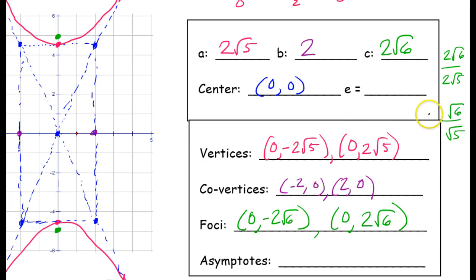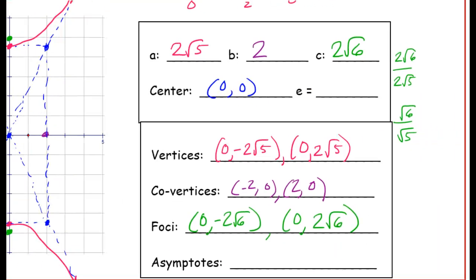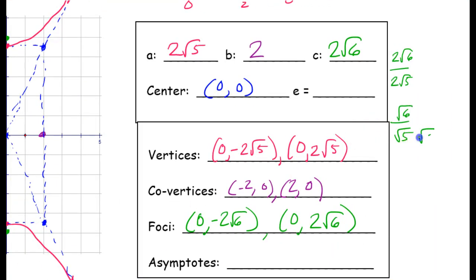I feel like we should rationalize the denominator. We can rationalize the denominator by multiplying by radical 5 in the numerator and the denominator. So then we will get radical 30 over 5. Let's write it that way. Radical 30 over 5. There's your eccentricity.